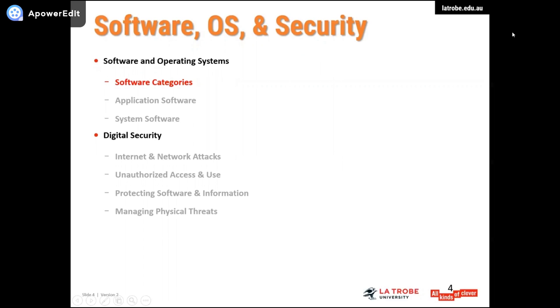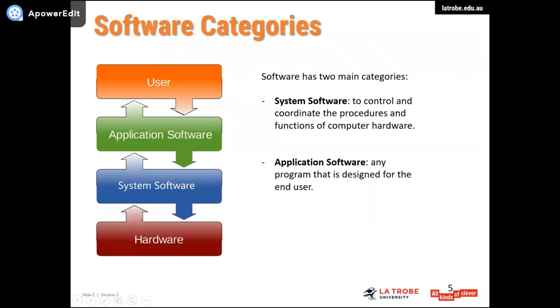So let's start with the software categories. If you remember this architecture we introduced in week 1, that is the general structure of our computer system. At the bottom we have hardware, which we introduced in week 2, and then we have our system software and application software.